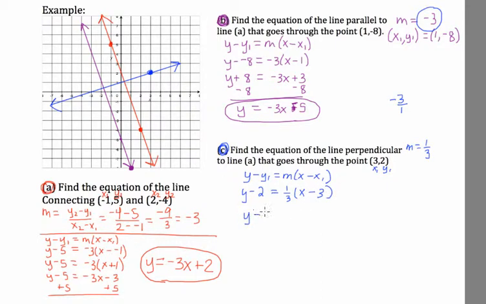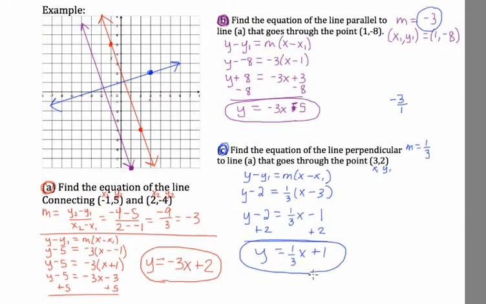Simplify. So distribute 1/3 x minus 1/3 times 3 is 1. Y equals 1/3 x plus 1.